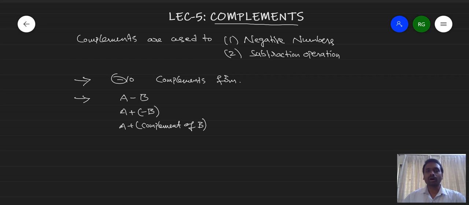If you observe the last line, I am actually doing addition, but getting the result of subtraction. That means with only one operation, addition, we can perform addition as well as subtraction by providing the complement of b. So with only one type of operation, we are able to find two types of results: you can do a plus b, and at the same time you can do a minus b. These are the two important uses of complements.